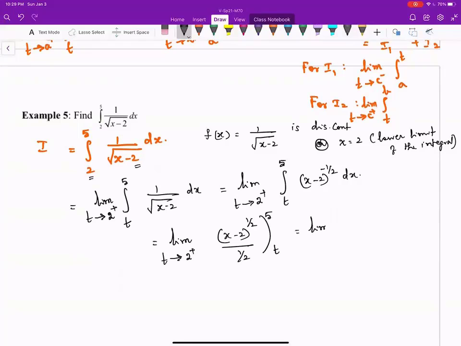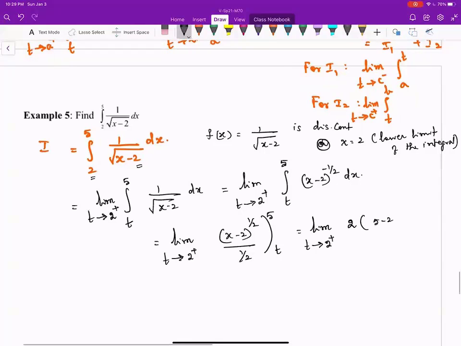That gives 2 times (x minus 2) to the power 1 half. Now we apply the upper limit, that is (5 minus 2) to the power 1 half. Now we apply the lower limit, which is (t minus 2) to the power 1 half, where t is approaching 2 from the right.